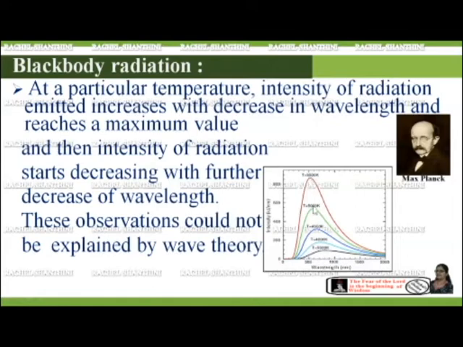If we go on increasing the temperature, when it reaches the UV region, because of the enormous increase in the intensity with increase in temperature, it must lead to UV catastrophe, but actually it is not happening like that. Instead, the intensity comes down and forms curves, and this could not be explained by the wave theory of light.